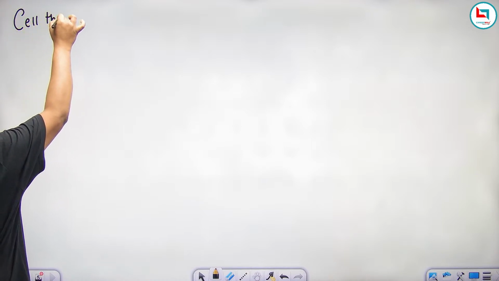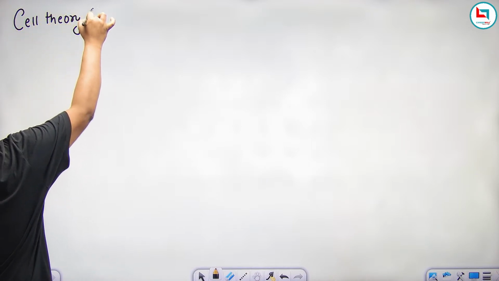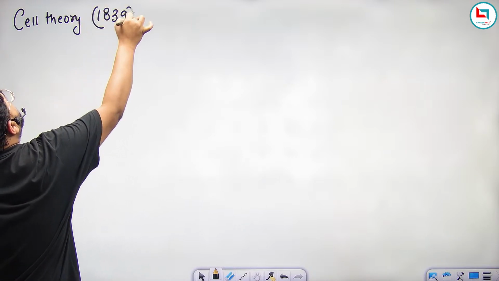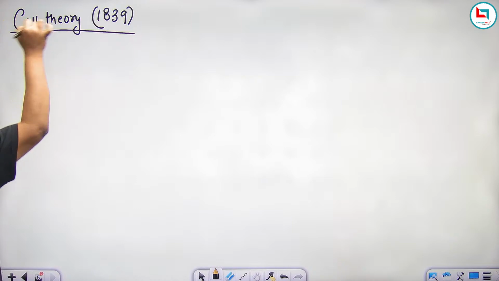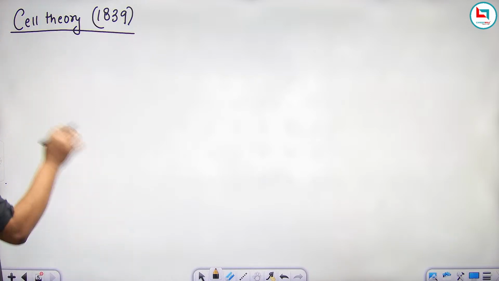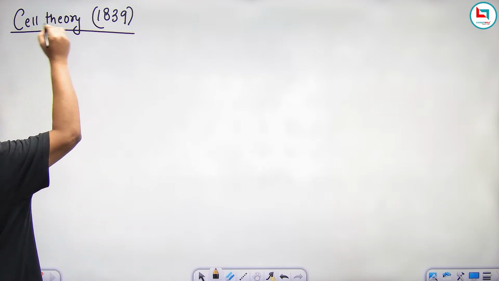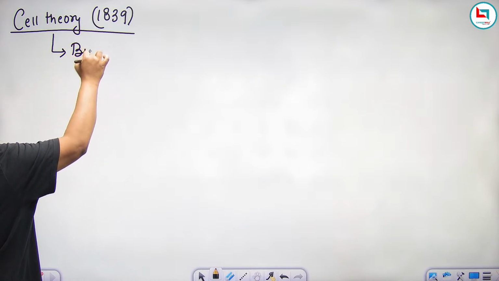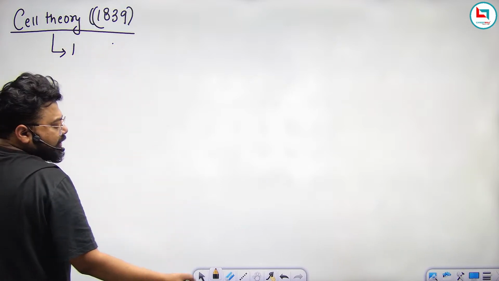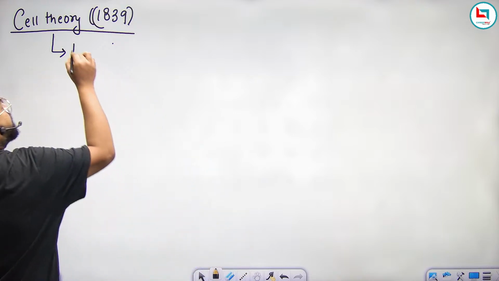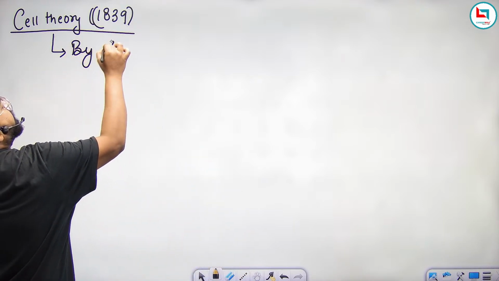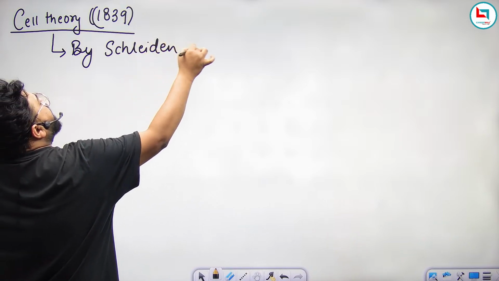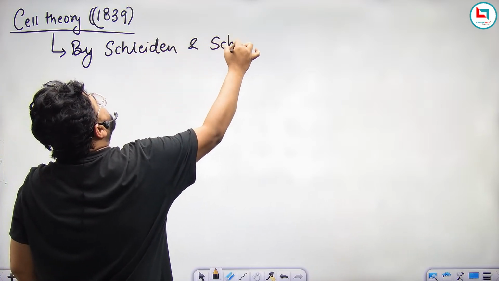Then two different scientists in the year 1839 proposed a theory. This theory is known as the cell theory, proposed by Schleiden and Schwann.